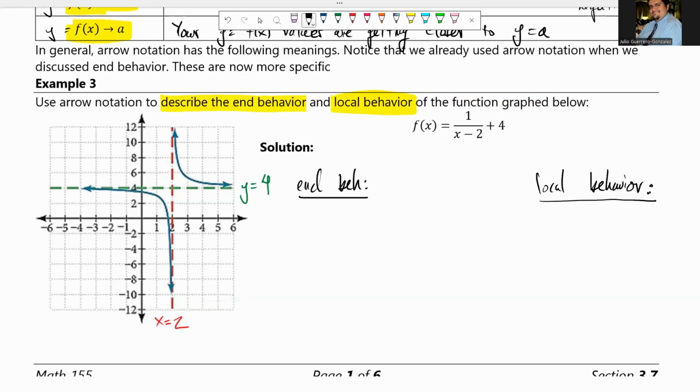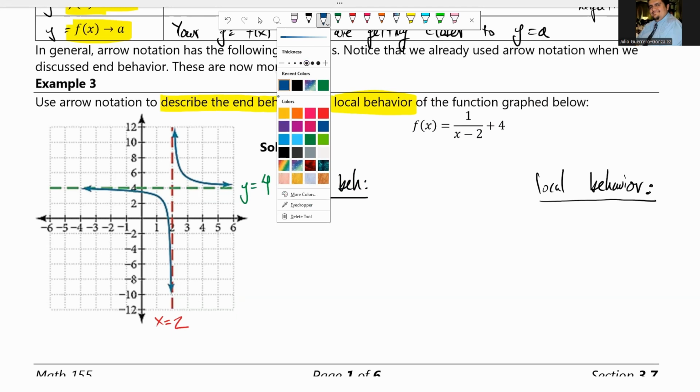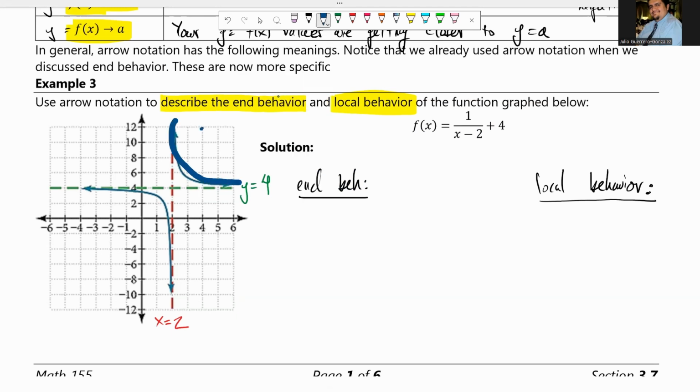When we talk about end behavior, you see this graph? The graph is actually this blue line right here. Let me make it nice and thick for everybody to see. This is the actual graph, the one that goes in both of those directions.